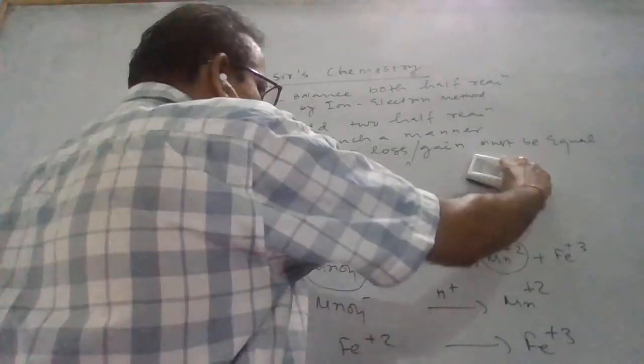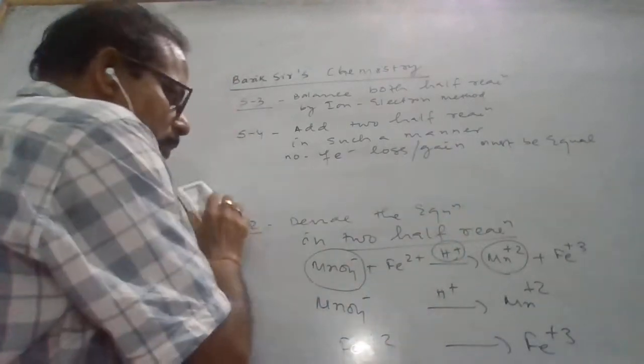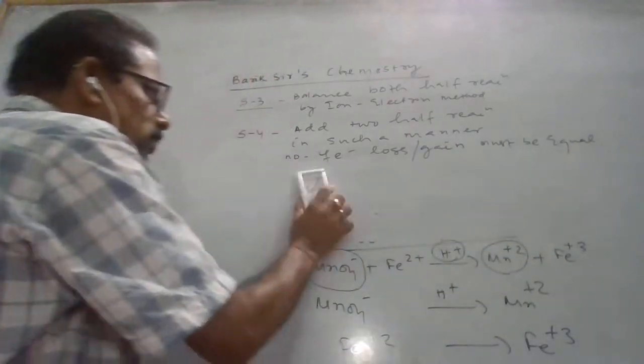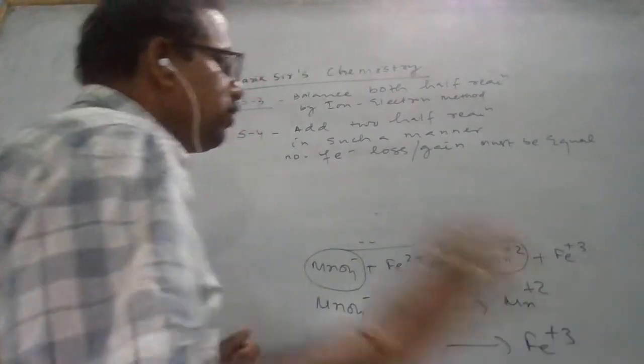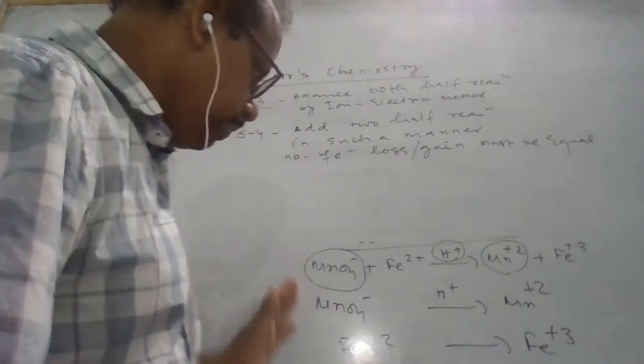When we add the two half reactions after balancing, the number of electrons lost and gained must be equal. We will discuss these things so we can understand. I will explain through this only.